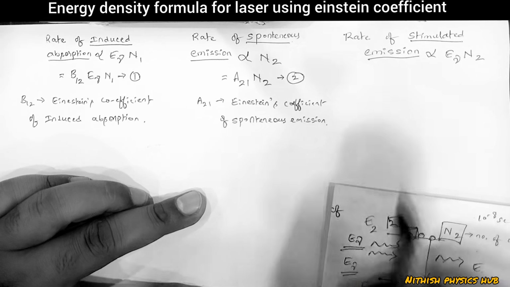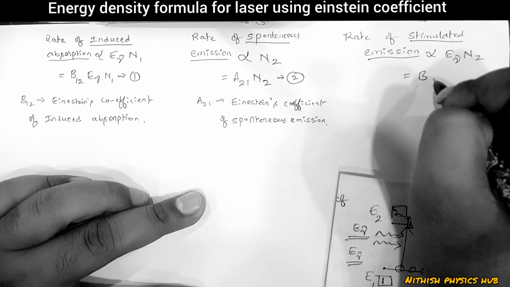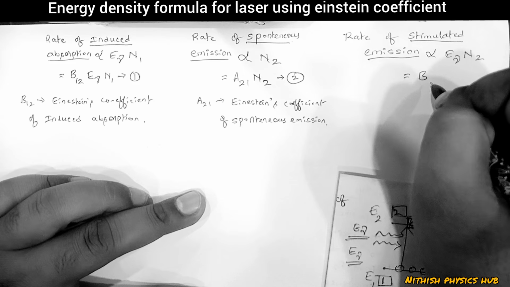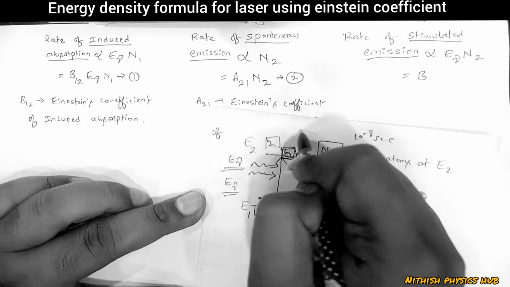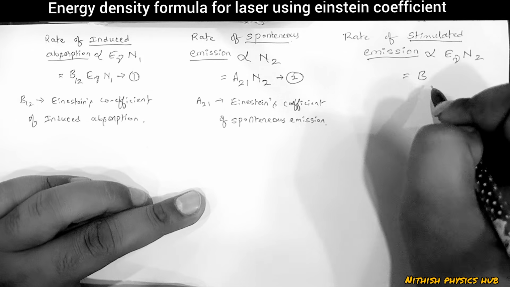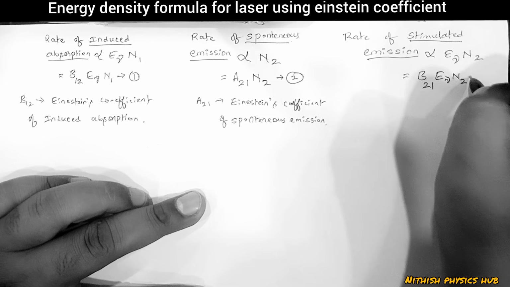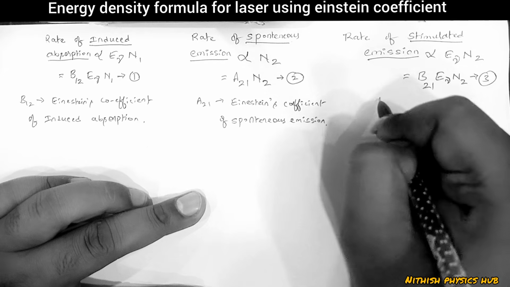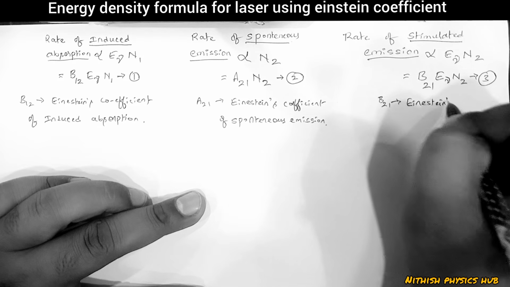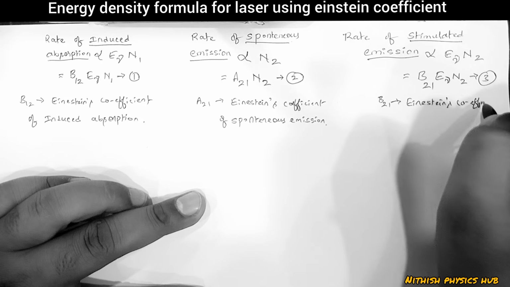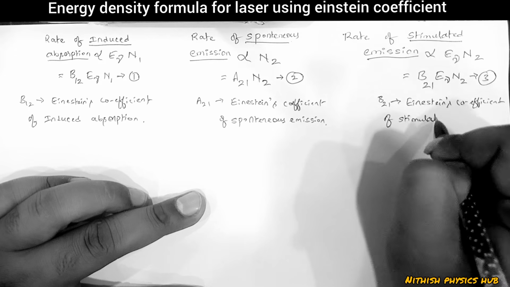To remove the proportionality, since the process has not been completed, I take the constant as B21, and this is also emission. Emission means the atoms come in the direction of 2 to 1. So it is B21 E mu N2. Take it as equation number 3, where B21 is called the Einstein coefficient of stimulated emission.